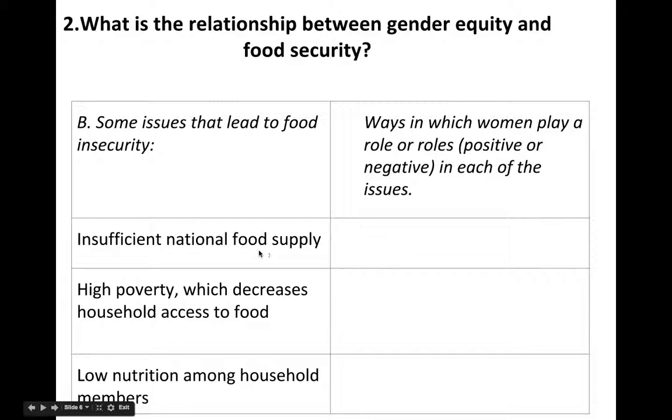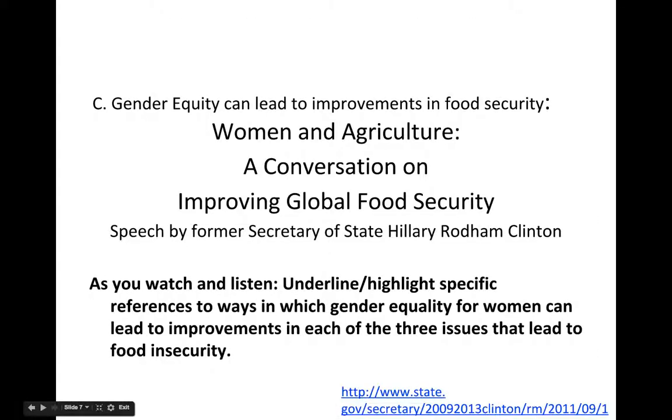So if you said, oh, one way to increase the national food supply is to give women more access to technology, well, you're going to read or watch Secretary Hillary Clinton's speech, which is all about how women in agriculture and increasing the equity for women in agriculture can reduce food insecurity.